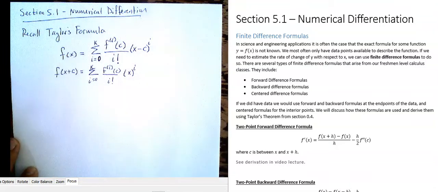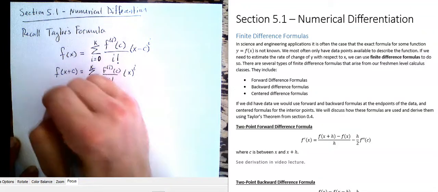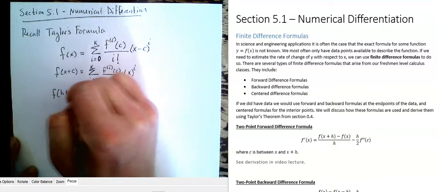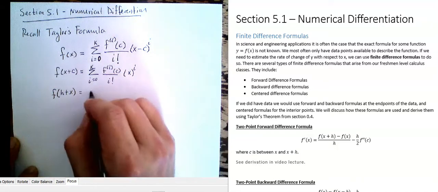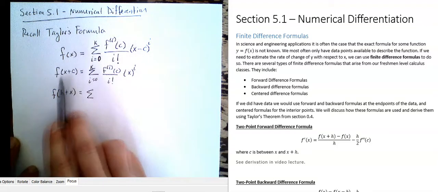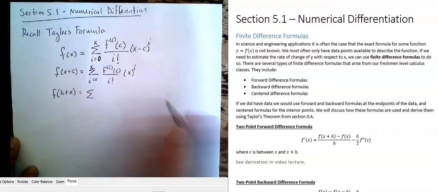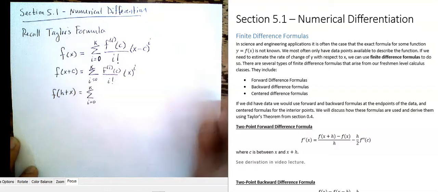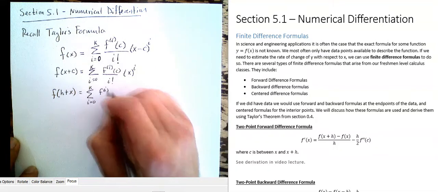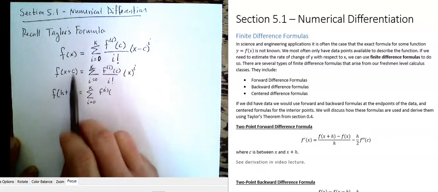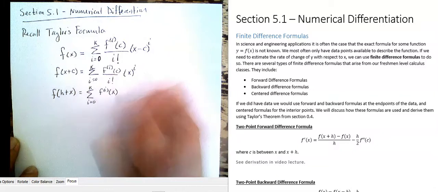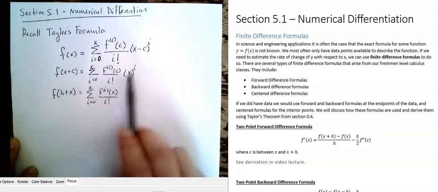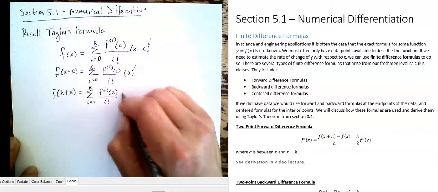We can also rearrange things a little bit. Therefore, f of h plus x is equal to, so we're just going to swap the x's and c's here for h's and x's respectively. So i goes from 0 to k, the ith derivative of, now the c becomes x, over i factorial, and x becomes h, h to the i.